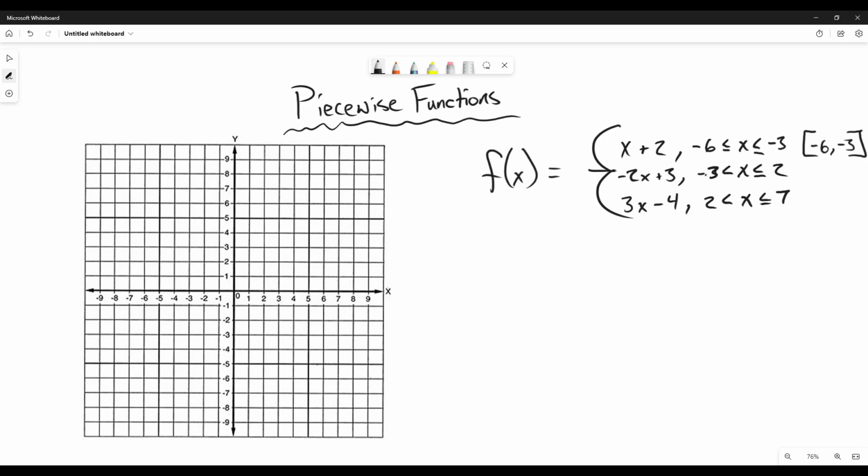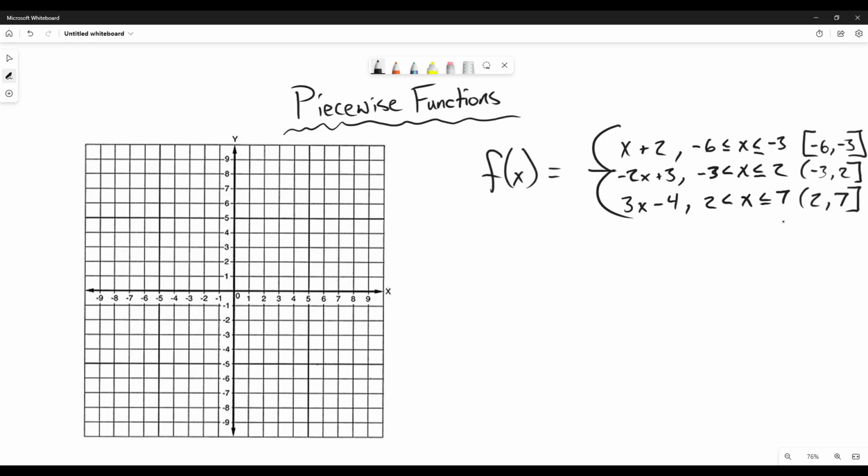This one, since it's -3 less than x less than or equal to 2, we have open parenthesis -3, 2 bracket. It's a parenthesis because it cannot be on -3 on this part of the graph. Next, we have open parenthesis 2, 7 bracket.